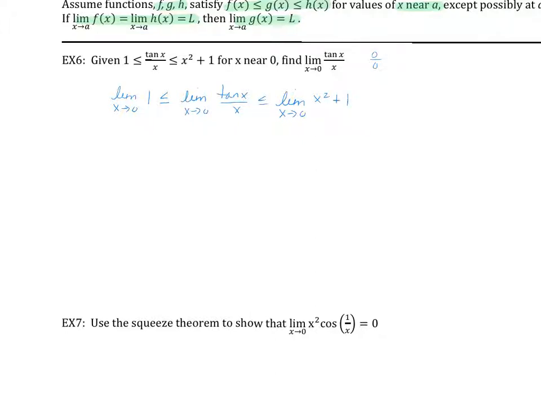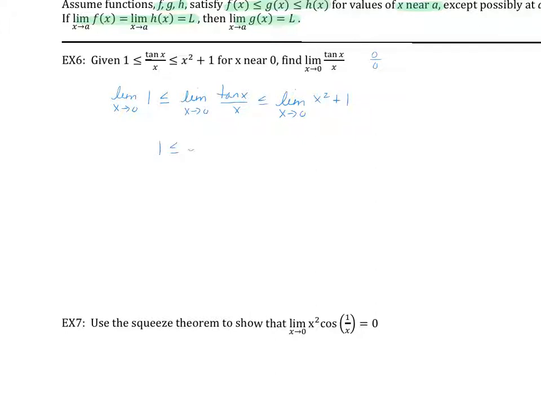So all I did was take the limit as x goes to 0 on all three pieces of my inequality, and I can do that from the first theorem we looked at. When I evaluate the limit as x goes to 0 of 1, it's just going to be 1.